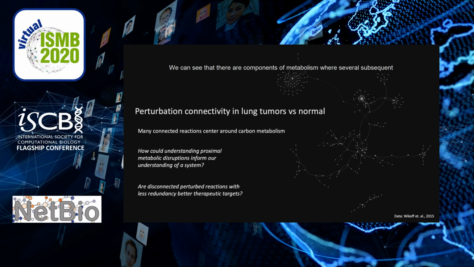We can see that while there are components of metabolism where several subsequent reactions are perturbed, others are more independent perturbations. This may lead us to hypothesize that drugs targeting more connected reactions may not be quite as viable as targeting more disconnected reactions where there is less redundancy in the chain.